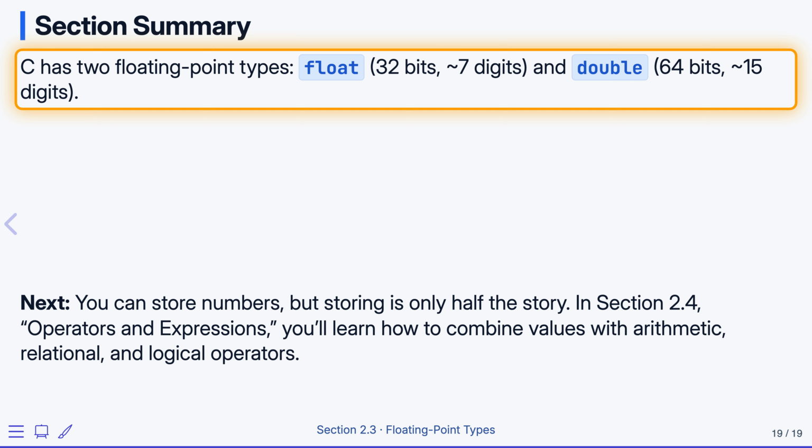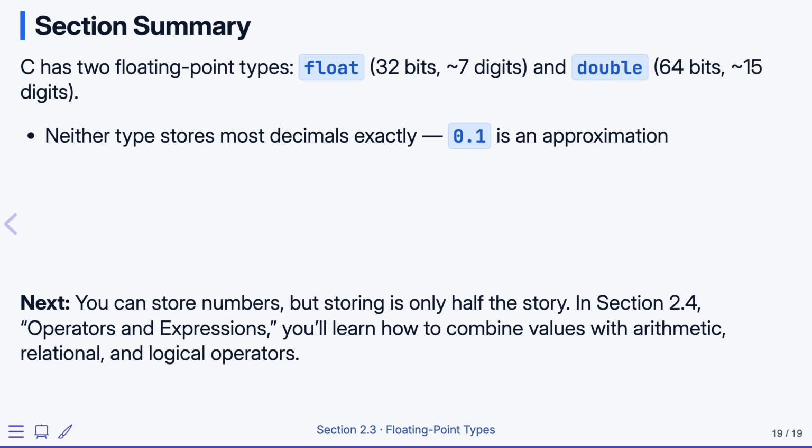Let us recap. C has two floating point types. A float uses 32 bits and holds about 7 digits. A double uses 64 bits and holds about 15 digits. Neither type stores most decimals exactly. 0.1 is only an approximation.